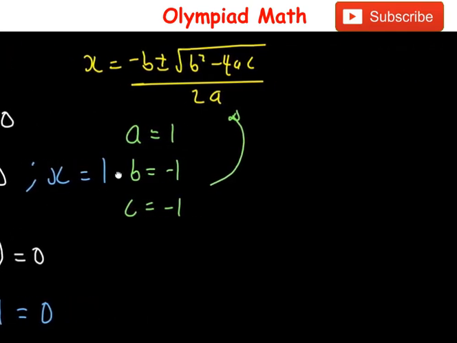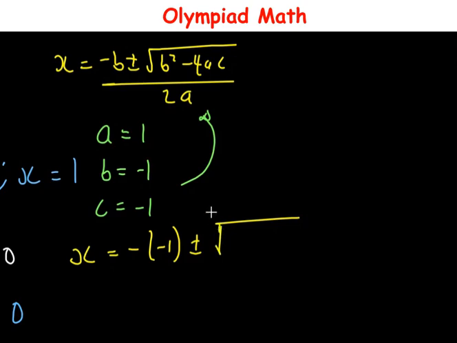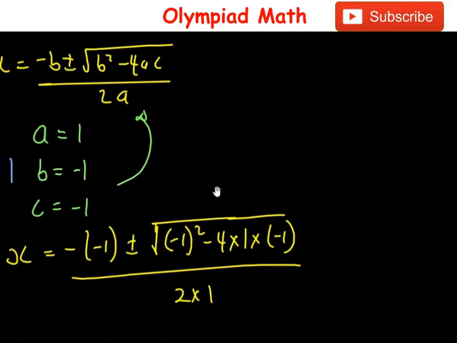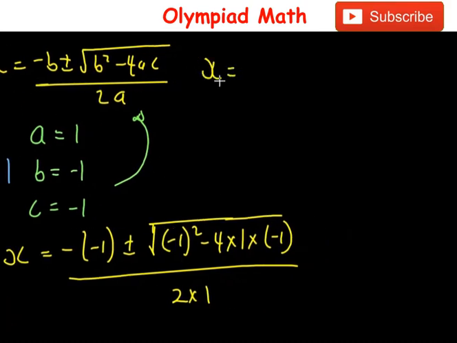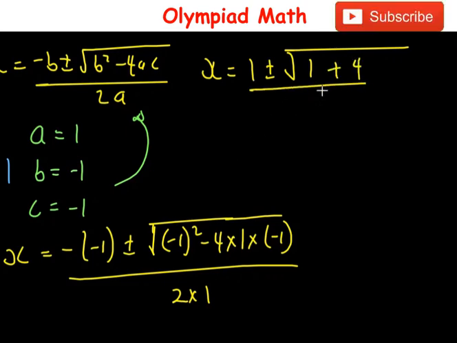What we have for the solution of x is that x is equal to minus b, which is minus of minus 1, plus or minus square root of b squared, b is minus 1 squared, minus 4 times a, which is 1, times c, which is minus 1, then divided by 2 times a, which is 1. So from here, we have the value of x equal to minus times minus 1, plus or minus square root of minus 1 squared, which is 1, minus 4 times 1 times minus 1, that is plus 4, all over 2 times 1, which is 2.